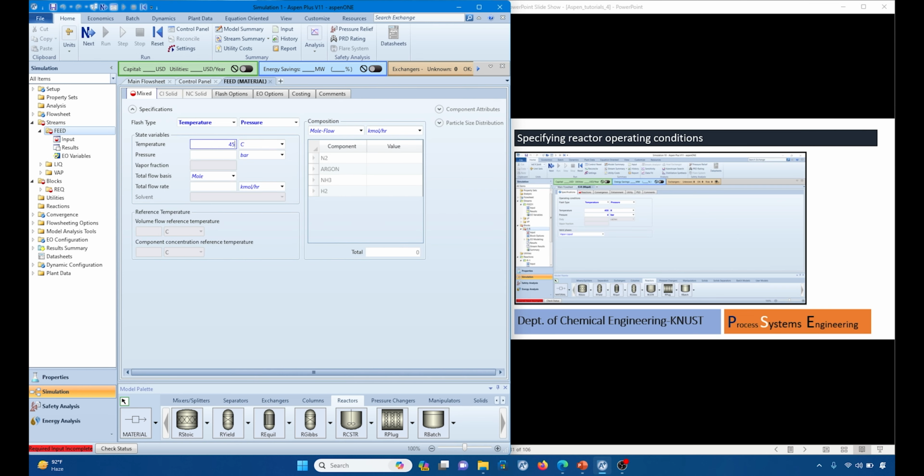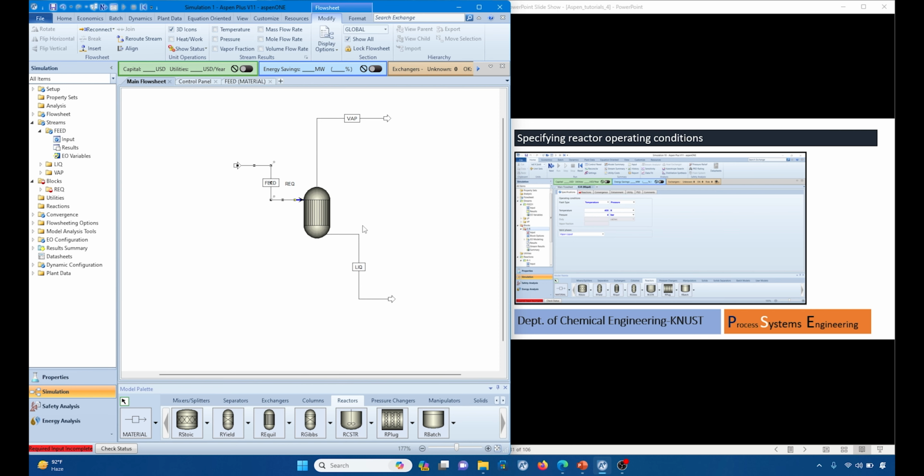Conditions are at 450 Kelvin and 4 bars of pressure. Then say for a 4 kilomole per hour case, we feed stoichiometrically. So the nitrogen to hydrogen is 1:3. That should be it for our feed.